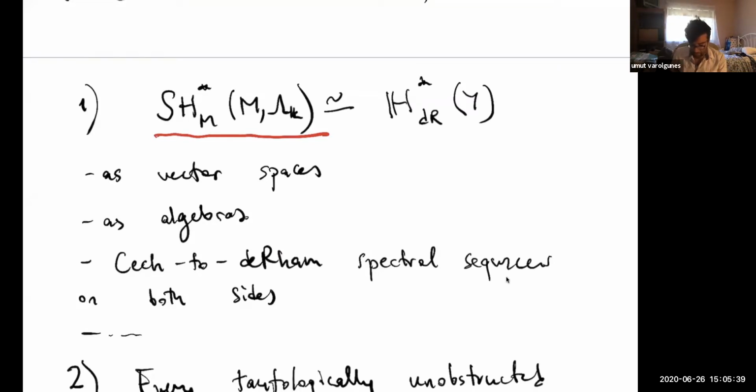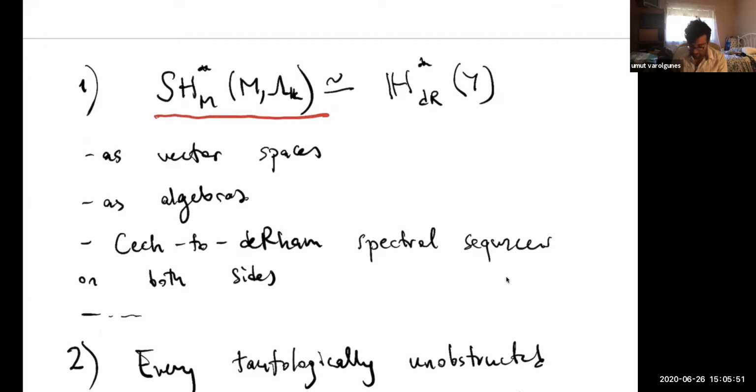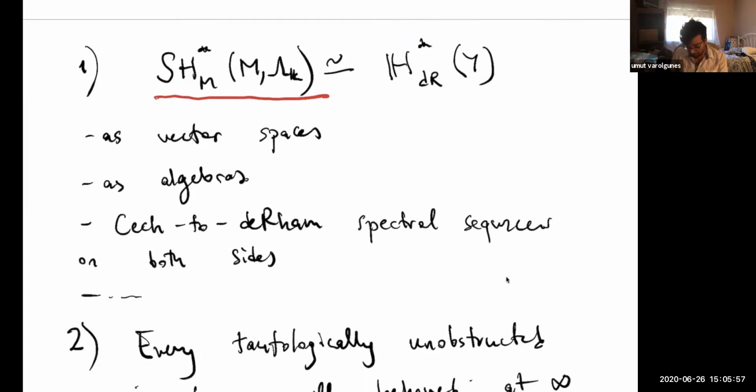That's some kind of global invariant, and that should be the A side. On the B side, I should be seeing some kind of de Rham cohomology. This equality can be true as vector spaces, as algebras, or maybe, more imaginatively, also on both sides there should be spectral sequences: Čech to de Rham spectral sequences with respect to certain covers.